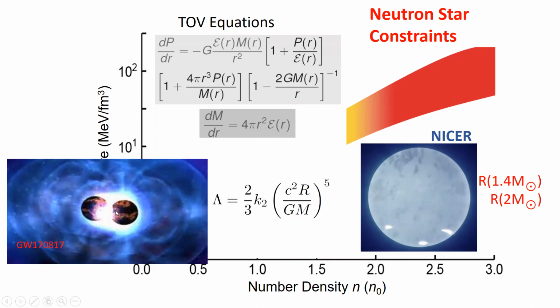From the merger, when the neutron stars get close, they exert tidal force on each other and deform. From the deformability, you can see that lambda is related to R over M squared. Remember, the radius and mass are determined by the equation of state of neutron matter.